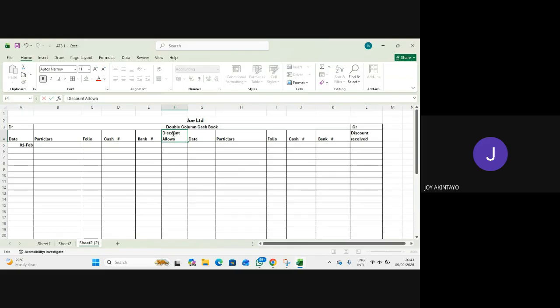So we debit our cash. What did the person invest with? Is it cash or bank? Let's check. They said the man started the business with 800,000 naira. It means it's actually cash.